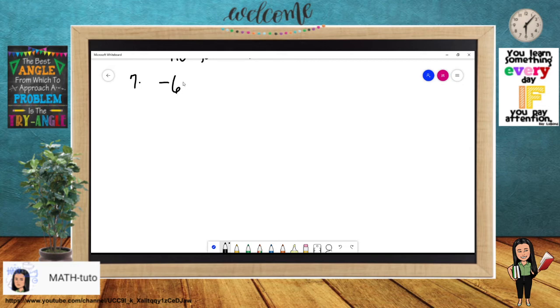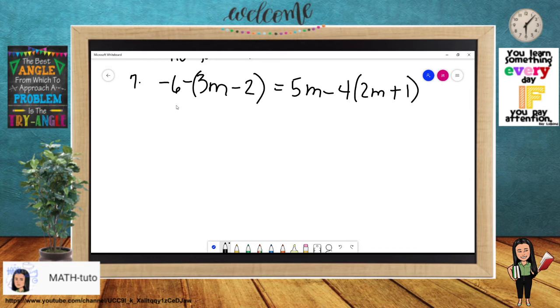Negative 6 minus 3m, mali ako ng sulat. Minus quantity 3m minus 2 equal to 5m minus 4 times 2m plus 1. Okay. Simplify both sides of the equation.